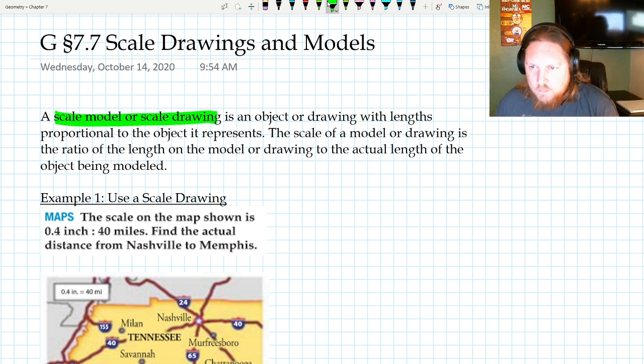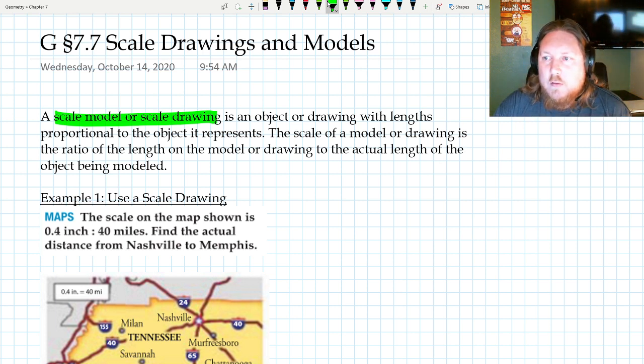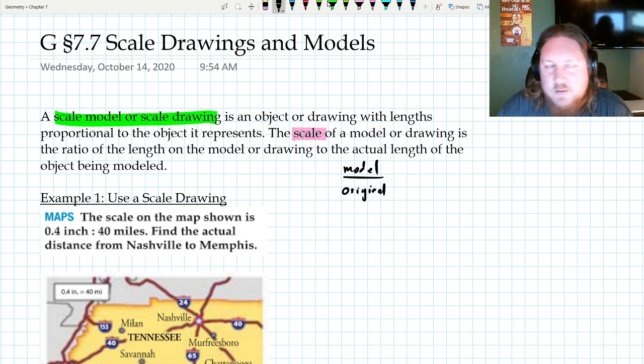The scale is the number that tells us the difference there. Now, one important thing is they're usually in different units. So you can have the model and the original, just like we were doing with the similarity transformations, the original and then the model.